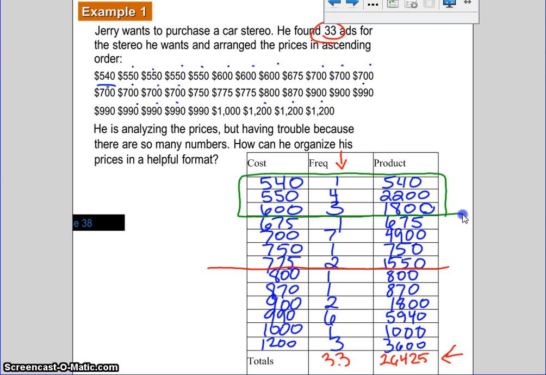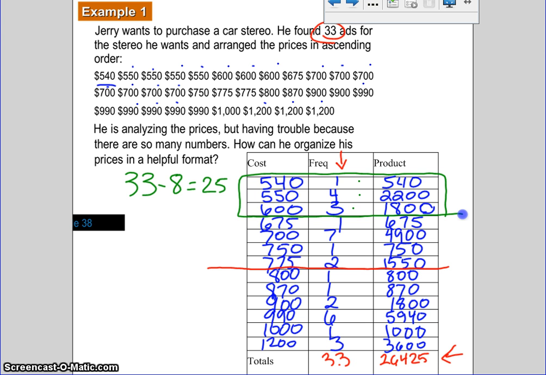So now we have to find our new total and our new frequency and our new product. Well, I know that there were 33 ads, and I just took out 1 and 5, and 3 more is 8. So if I subtract that difference, I now have a frequency of 25.